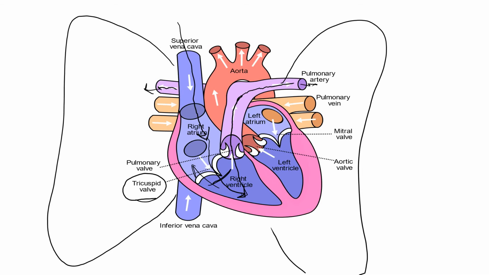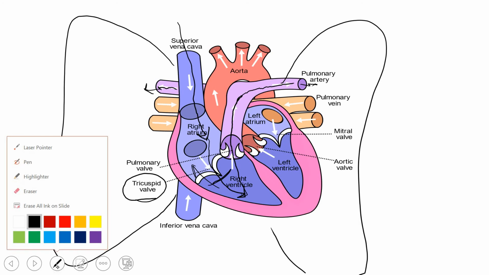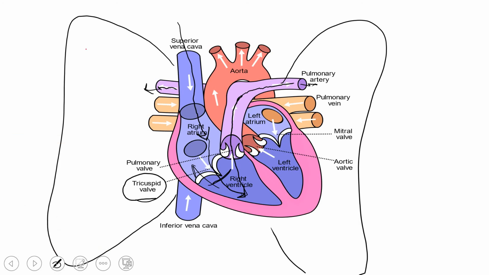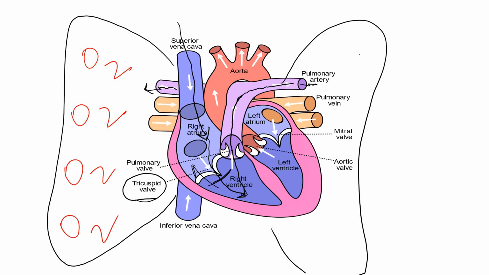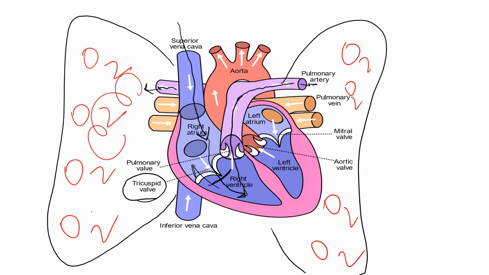Now what happens here in the lungs? This impure blood mixes with the oxygen, and thus the blood becomes oxygenated.